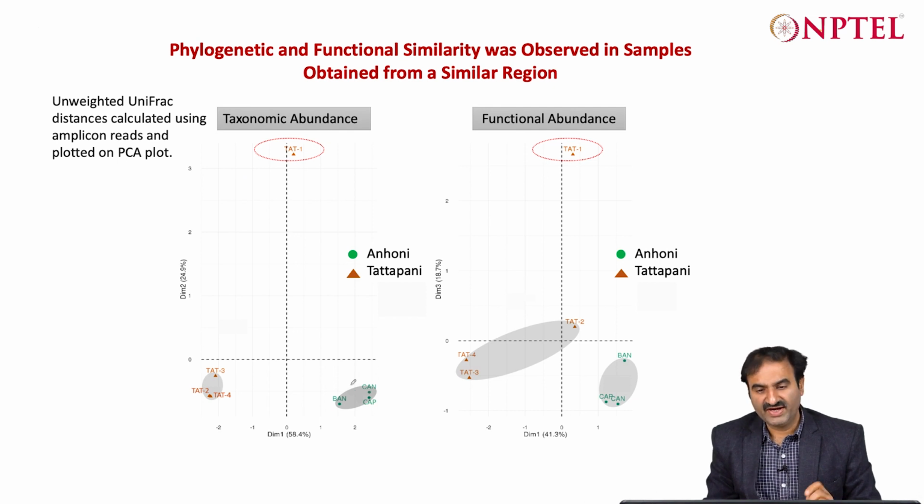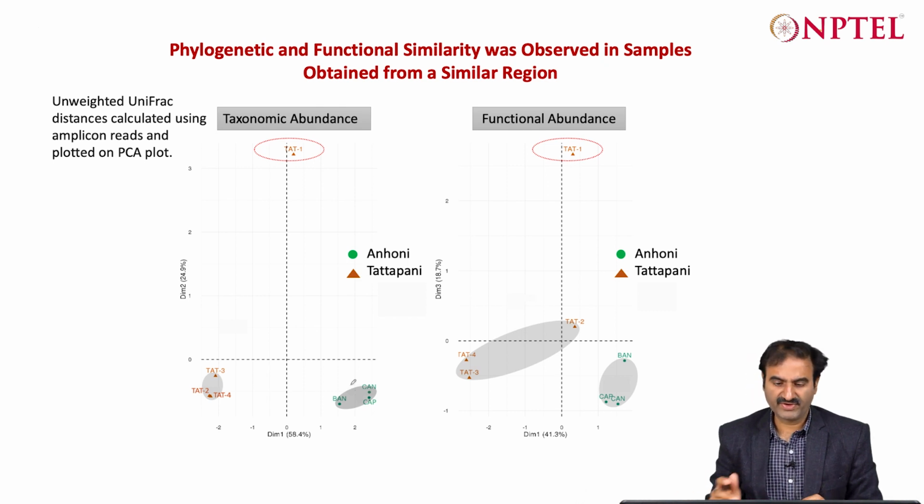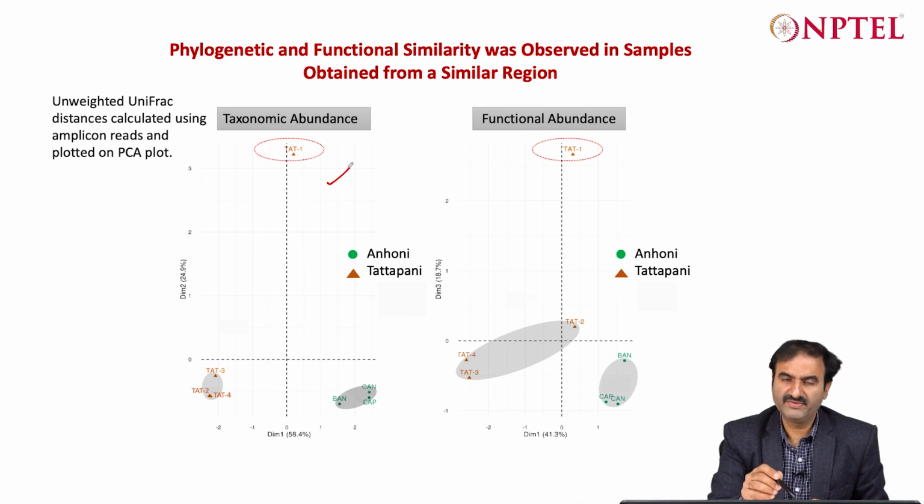Okay, then the phylogenetic and functional similarity can also be measured in the different locations. For example, this plot is for the taxonomic abundance of different locations like Tatapani 1, 2, 3, 4. One was very different from the other three, and it had the highest temperature.